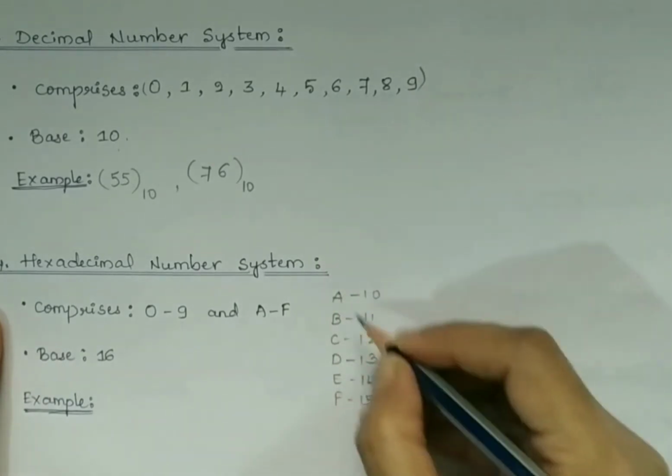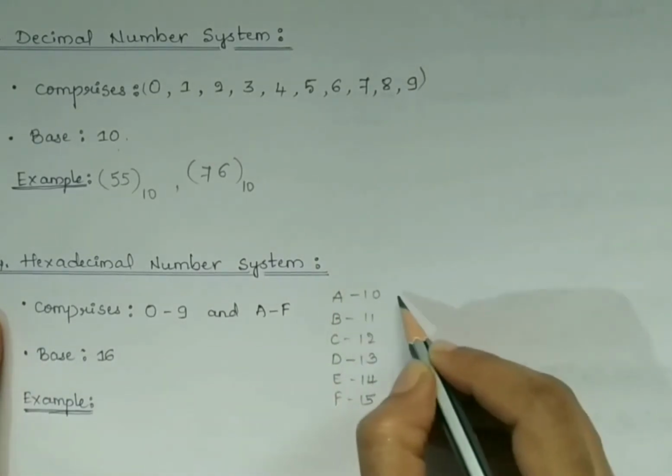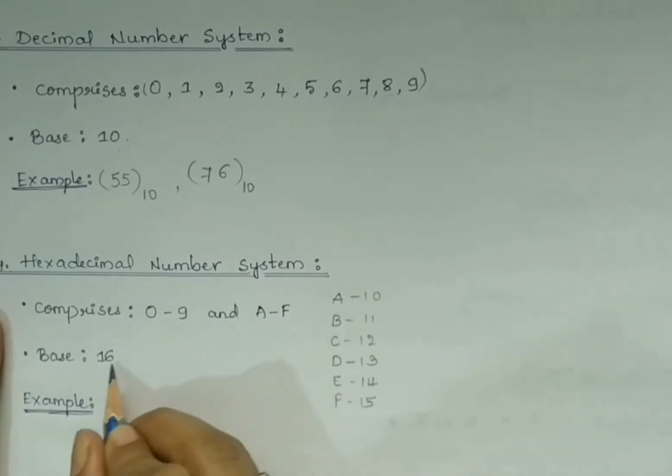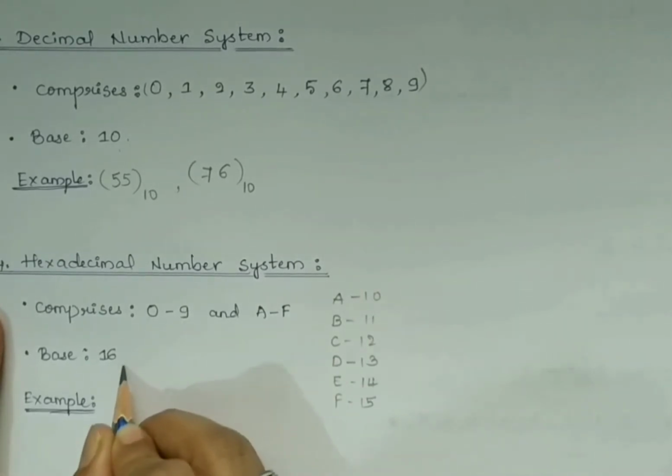So these alphabets from A to F represent 10 to 15. Hexadecimal contains a total of 16 values and these numbers are represented by base 16.